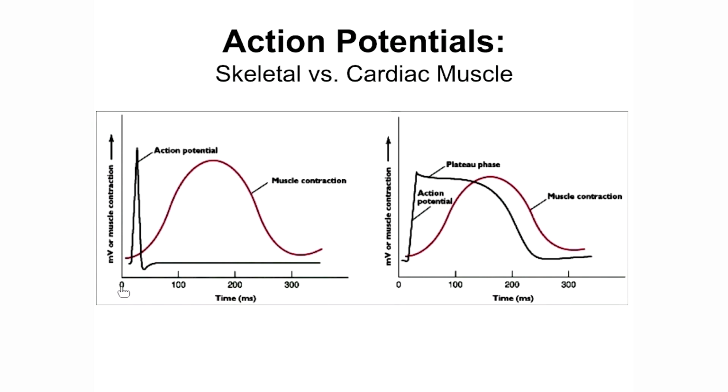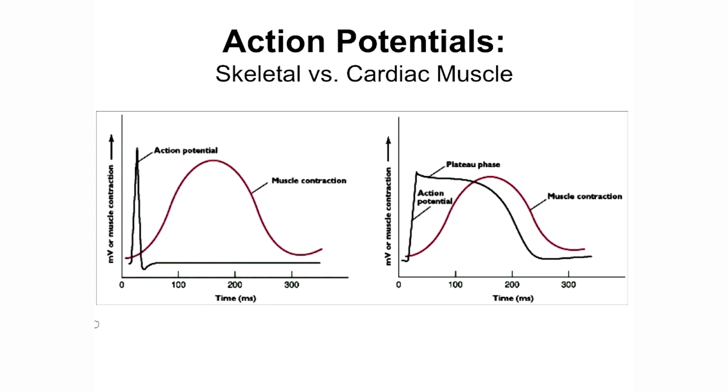So if you look over here and you compare it to this action potential in skeletal muscle, you'll notice that the action potential in skeletal muscle takes just a few milliseconds. So it's done and it's over with really, really quickly. And because it's so rapid, we can send those action potentials or those electrical signals to skeletal muscle telling it to contract several times a second.